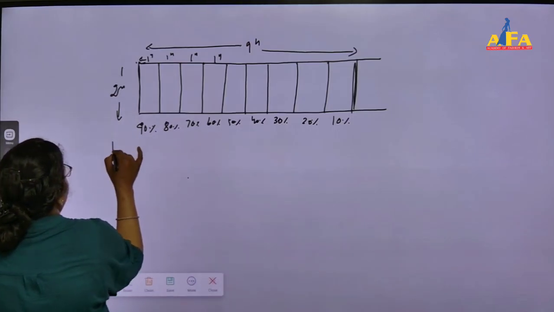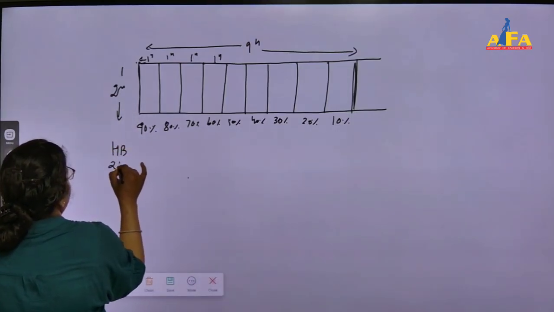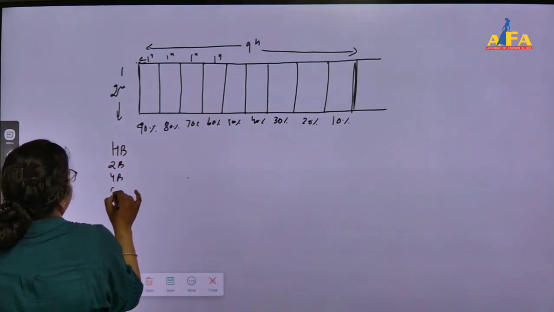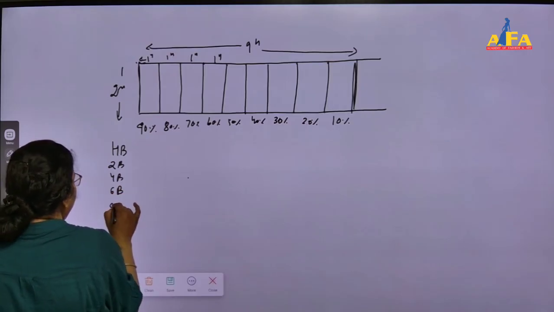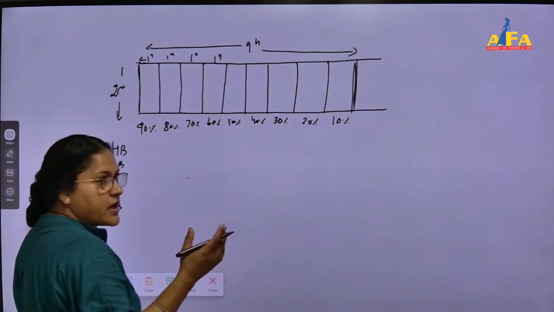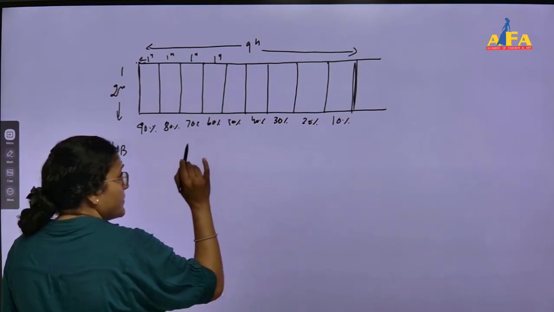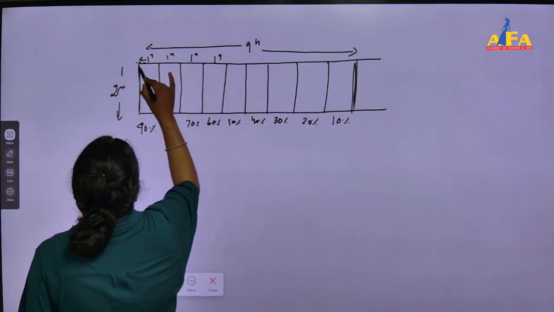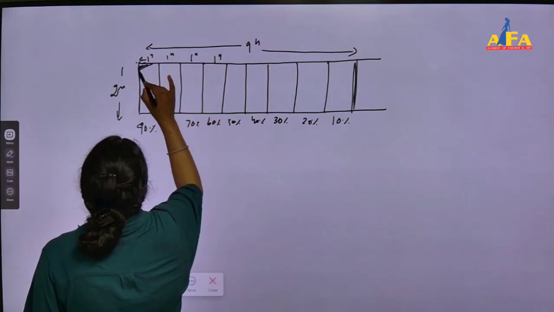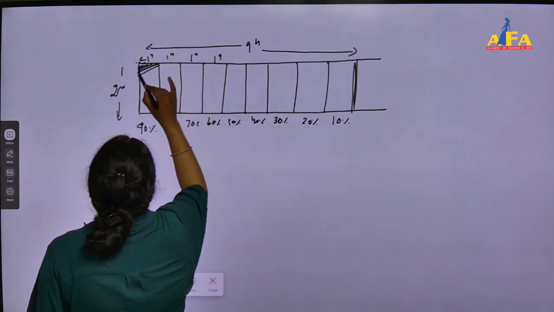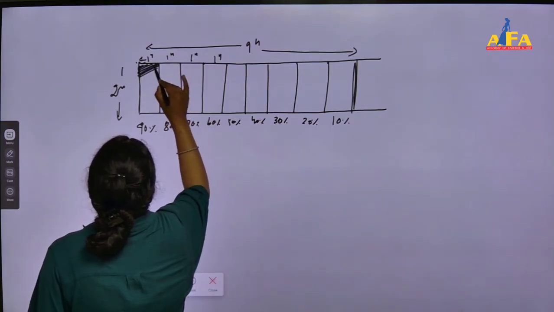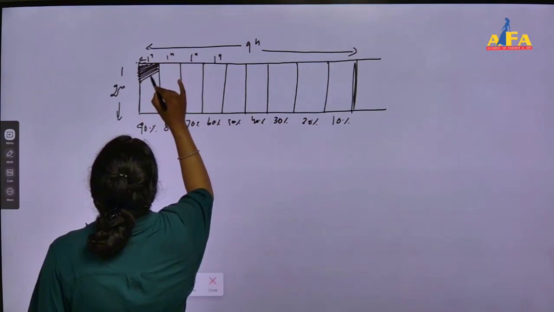We will be using HB, 2B, 4B, 6B pencils, and 8B or 10B if required. Hold your pencil from the back. I'm just showing you the technique. Try doing hatching with a diagonal stroke, a smaller stroke, a small diagonal.